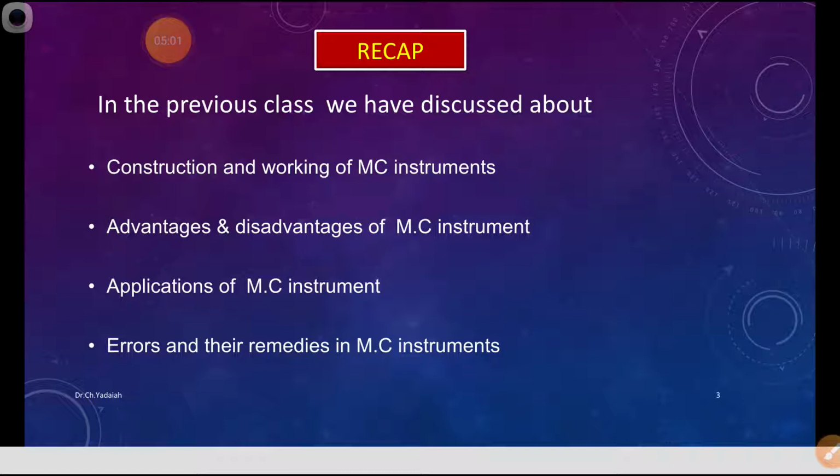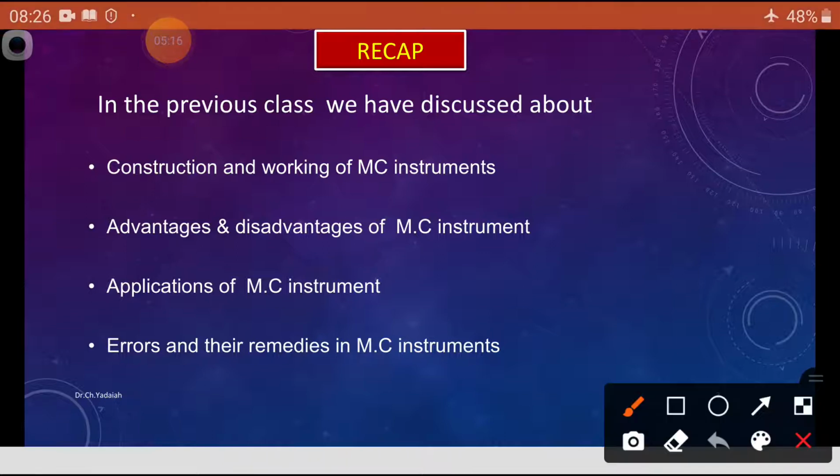Here, for the PMMC meter, one problem is given. A permanent magnet moving coil voltmeter, for example, I am going to write it down, has a resistance of 10 ohms.